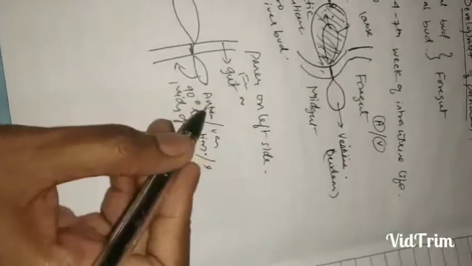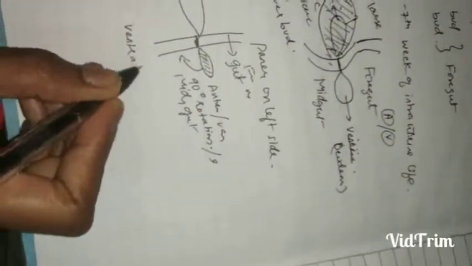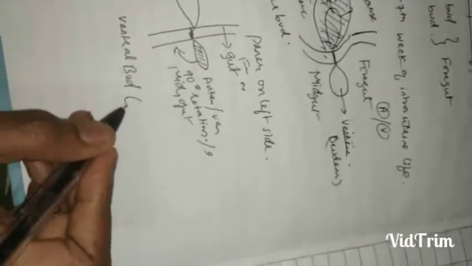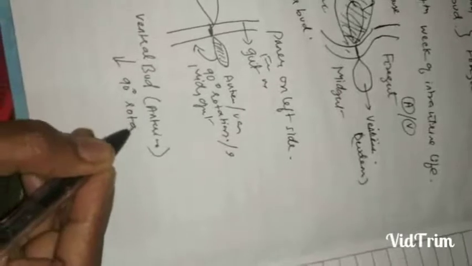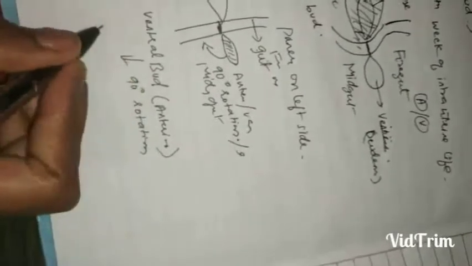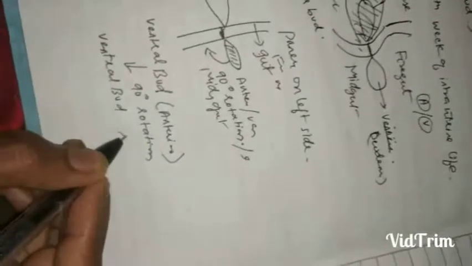So now this ventral bud, which was initially on the anterior side, after undergoing 90 degrees of rotation, is on the right side.